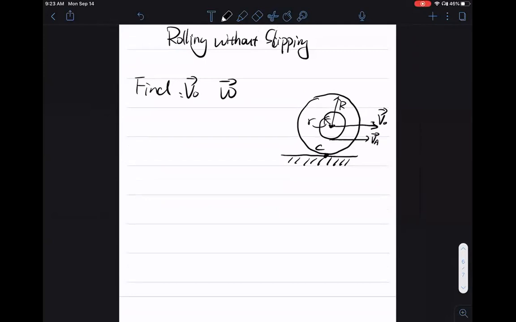And we have a contact point, point C. And the keyword is no slip. Yeah, how do we solve this problem? Find VO and omega. First, look at this problem to determine which case we are looking at here. Is that case 1 or case 2?